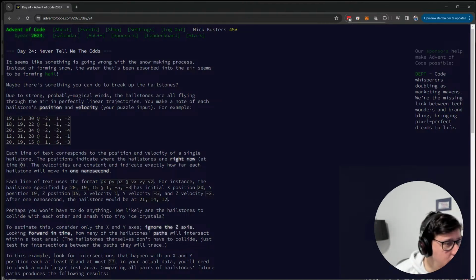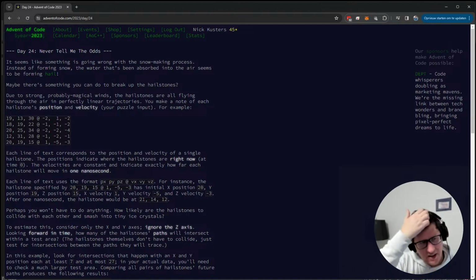Okay. Each line of text corresponds to the position and velocity of a single hailstone. The position indicates where the hailstones are right now at time 0. The velocities are constant and indicate exactly how far each hailstone will move in 1 nanosecond. That's a very small fraction of time, so these are probably faster than light hailstones or something. Each line of text uses the format px, py, pz, so we're in 3D again.